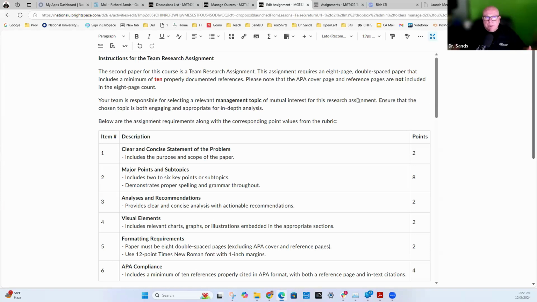So ultimately, a management topic that your group agrees upon. Ensure that the chosen topic is both engaging and appropriate for in-depth analysis.